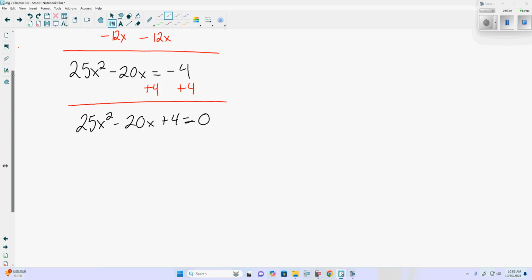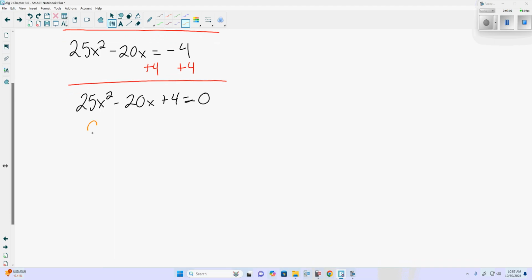It would have been nice if we did have a greatest common factor, because we could have taken it out and made it a little bit nicer to work with, but unfortunately we do not. Ax squared plus bx plus c is equal to 0. a is 25, negative 20 is b, and c is 4. Questions on any of this so far?